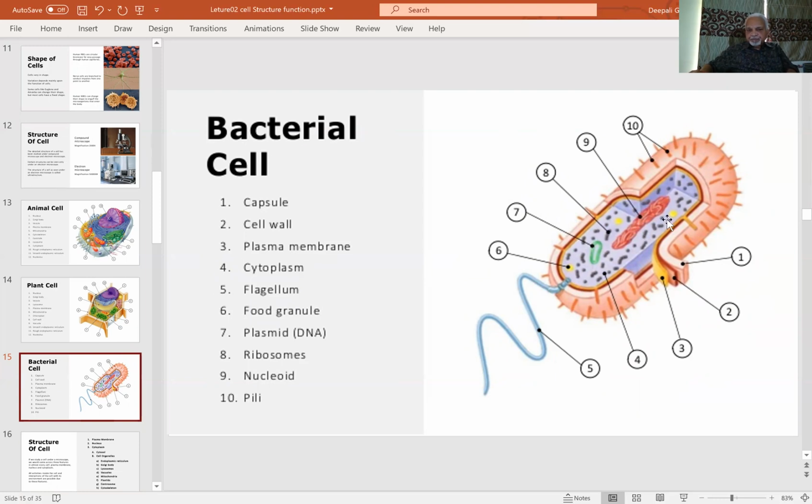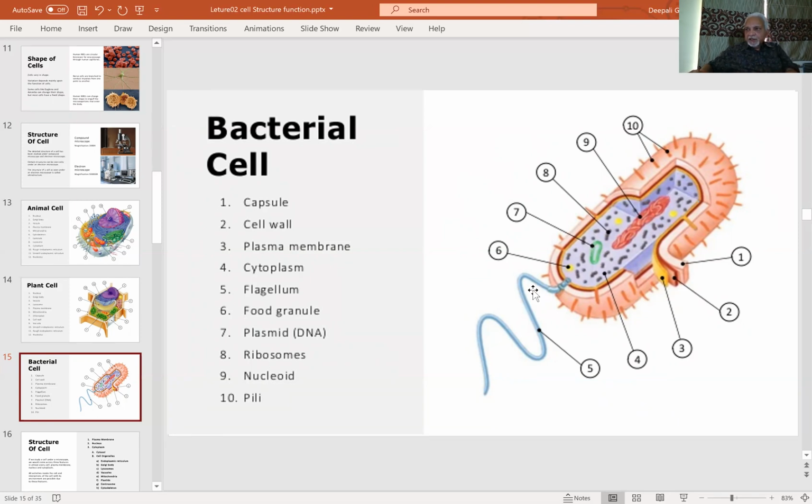It has a single chromosome. They don't have nucleus, but a nucleoid or nuclear-like structure wherein they have the genetic material, and all other necessary functions are carried out loosely within the cytoplasm.